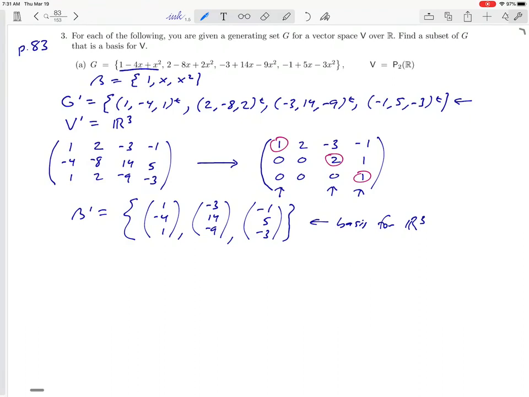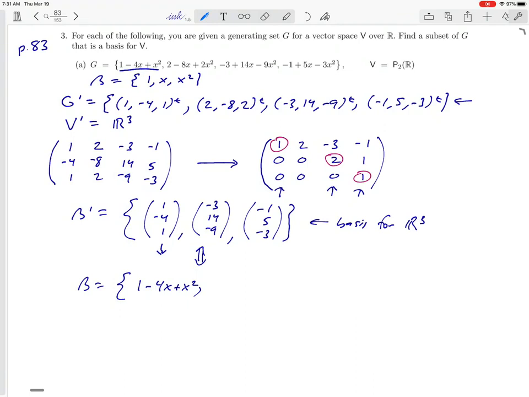But what we wanted was a subset of G, the set of polynomials that forms a basis for P2 of R. So we just need to think back, interpreting beta prime as being coordinate vectors, and ask, what polynomials from our original set G do those coordinates build? Since our basis was simple, that's not too difficult to figure out. 1, negative 4, 1, for example, leads us back to the polynomial 1 minus 4x plus x squared.